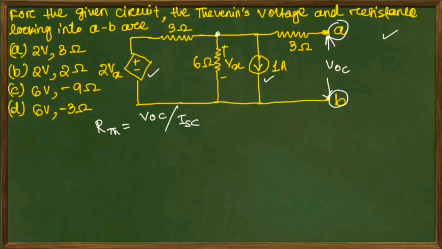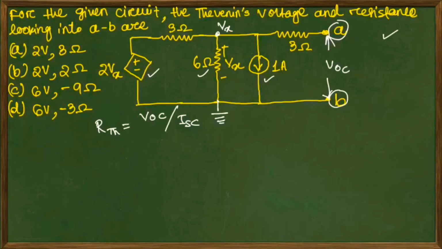Now let's make this the reference node. As this is the reference node and the voltage across this 6 ohm resistance is Vx, this voltage will be reflected to this node. So this node voltage will be equal to Vx. And here the voltage across the points AB is the open circuit voltage.